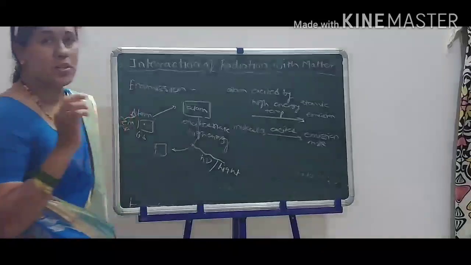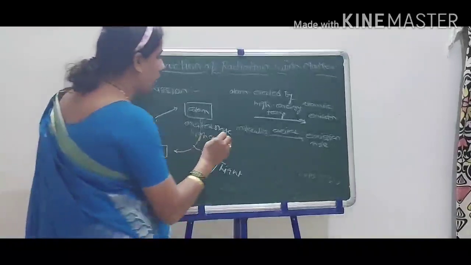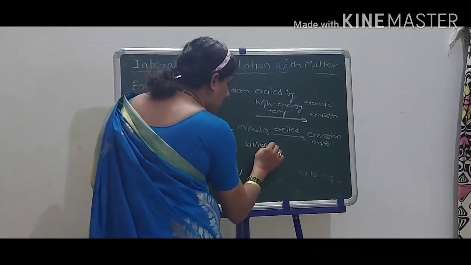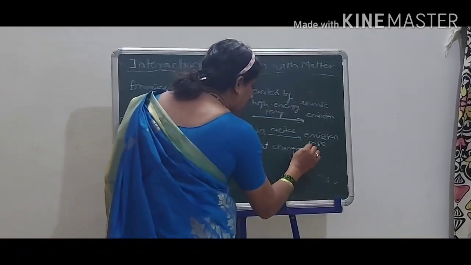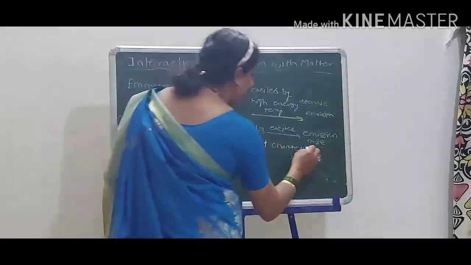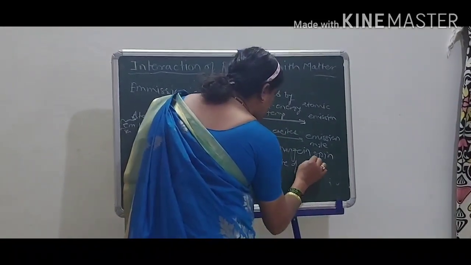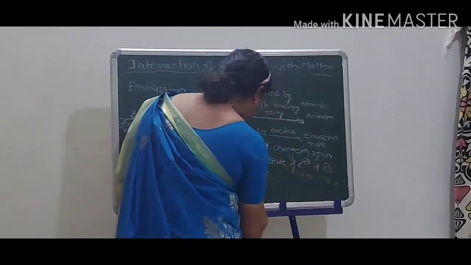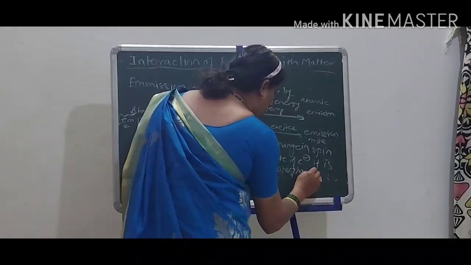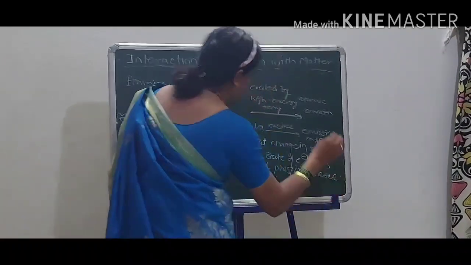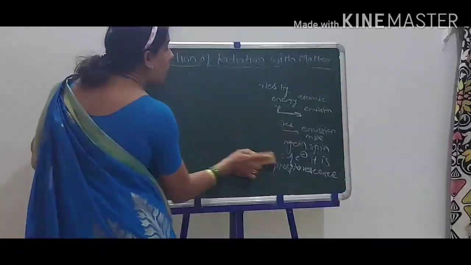And when the emission takes place by losing excess energy without change in the spin state of electrons, it is called phosphorescence. Now we will see another phenomenon, that is fluorescence.